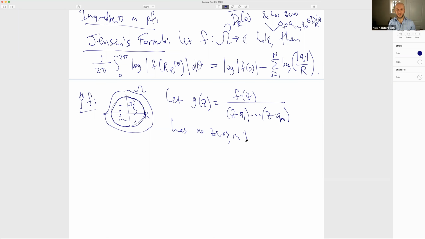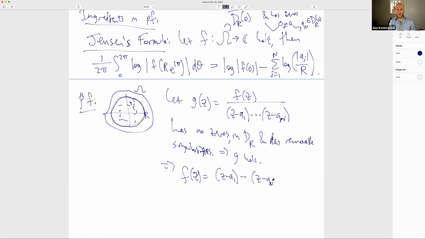It has no zeros in the disk of radius r, and it has removable singularities, so if we remove them, it is holomorphic. So f of z is equal to z minus a1 through z minus an times g of z, and this does not vanish in the disk.